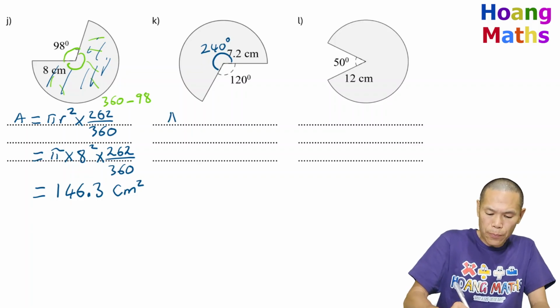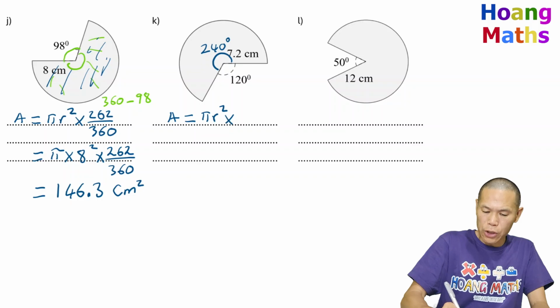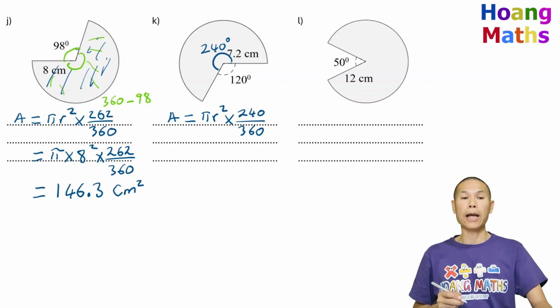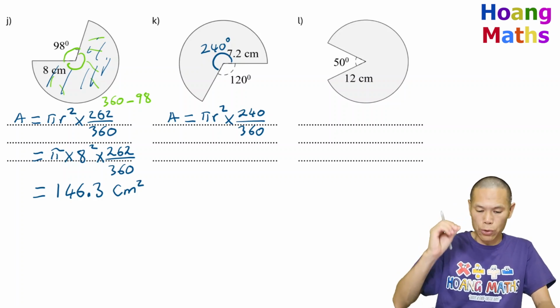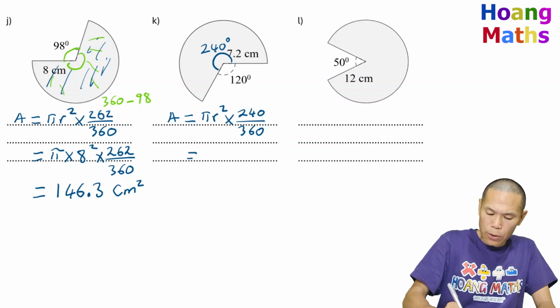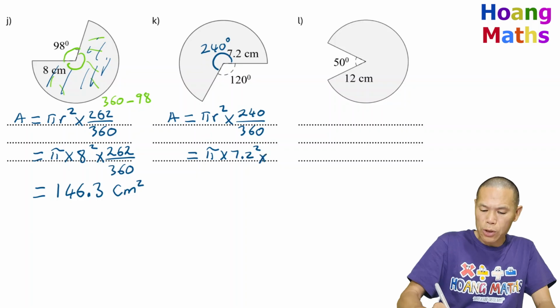So area is pi r squared, and we just times 240 out of 360 degrees. The radius in this case is 7.2. So that is equal to pi times 7.2 squared times 240 out of 360.